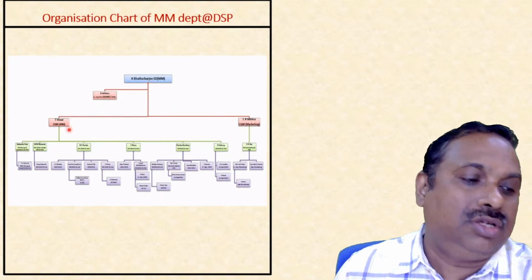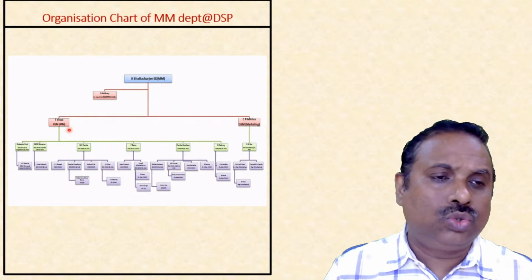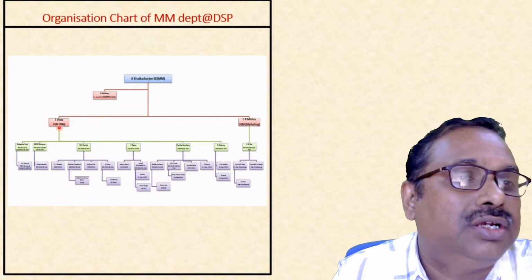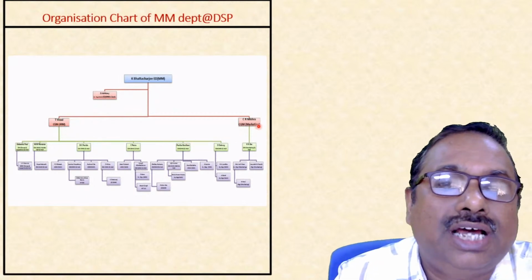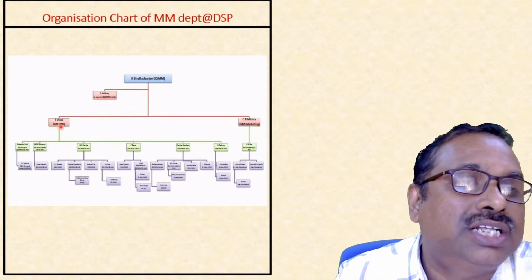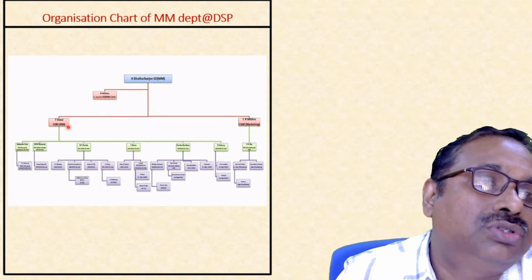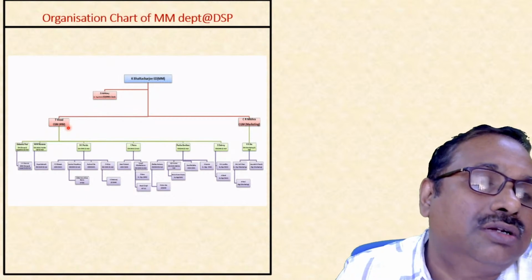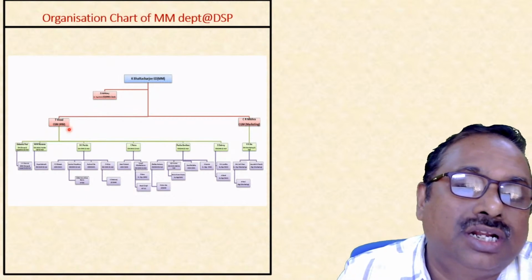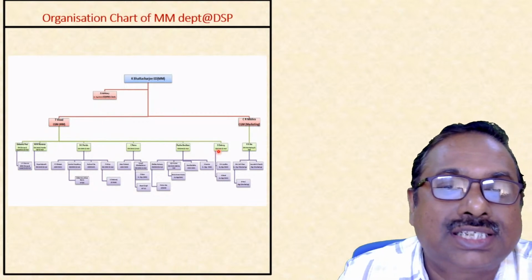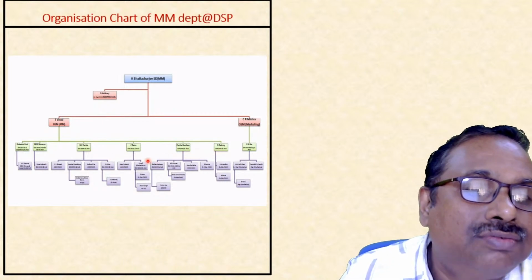Under him you have two CGMs, Chief General Managers, T. Vinod and CR Mishra. This is for materials management, this is for marketing. Under T. Vinod, Chief General Manager, materials management, there are 1, 2, 3, 4, 5, 6, six general managers.